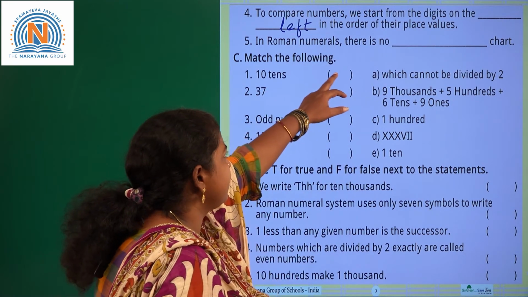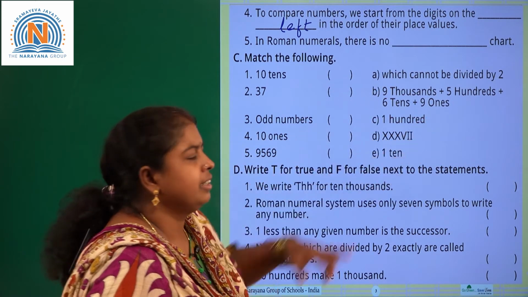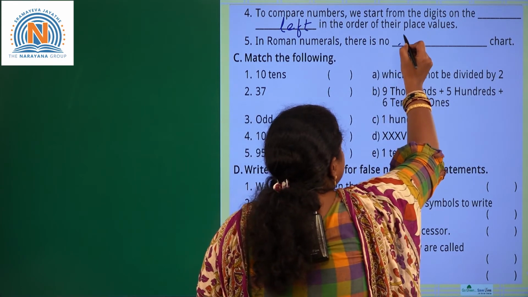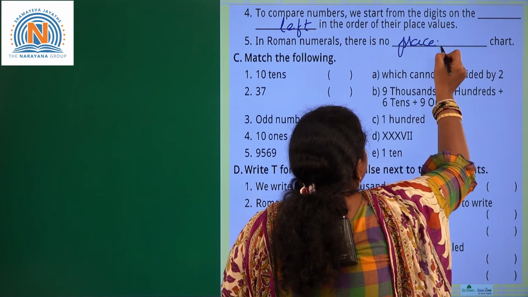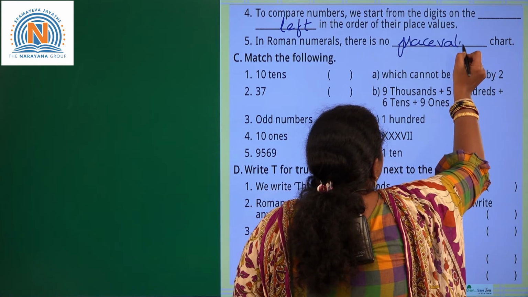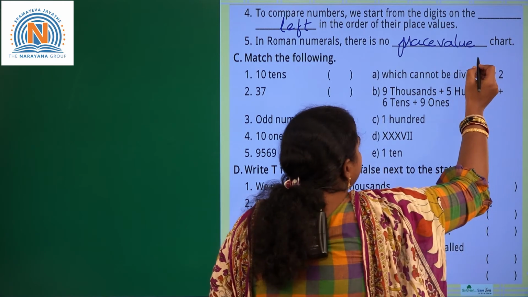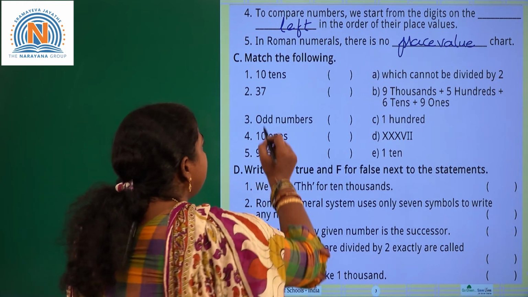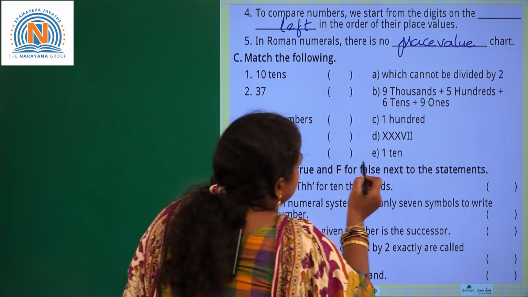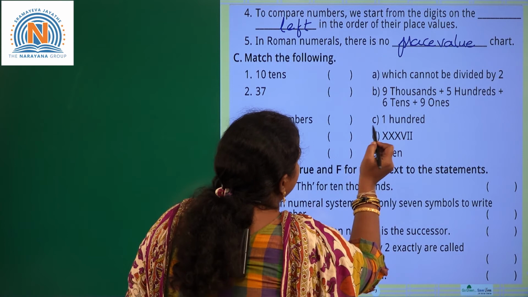In Roman numerals, there is no place value chart. Roman numerals are not having any place value chart. Match the following. 10 tens. 10 tens make 100.